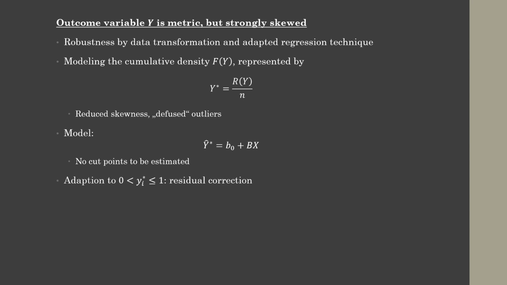One is to consider the limited range of values of the dependent variable. Adapting to this aspect of the data means correcting the residuals while estimating the parameters of the model. As a last measure to stabilize the results, the importance of outliers in terms of residuals can be reduced. There are several ways to do this.